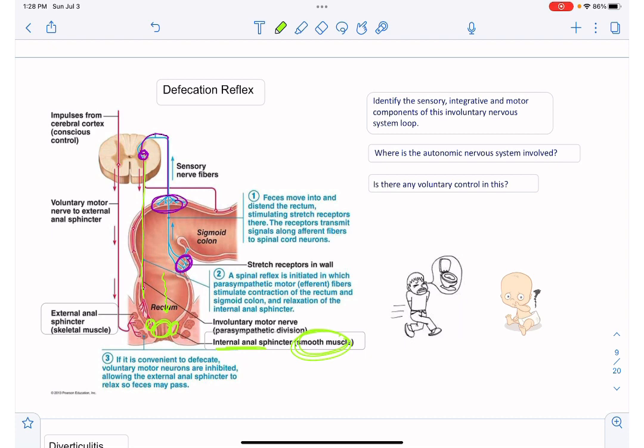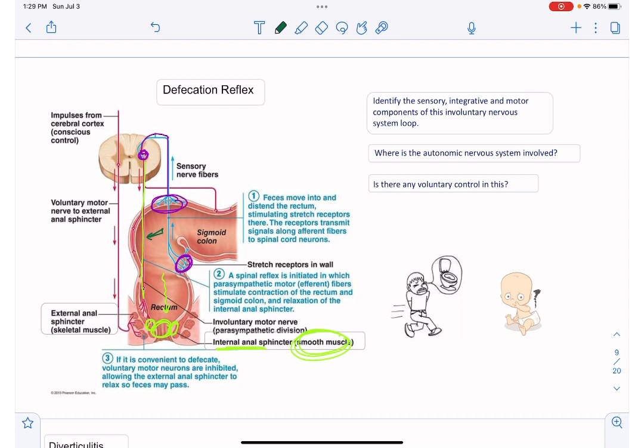Now this motor neuron that I just pointed out is part of the autonomic nervous system. And as you know, there's two different components to the autonomic nervous system, the sympathetic division and the parasympathetic division. And my question is, which one of these is this motor neuron in the defecation reflex?